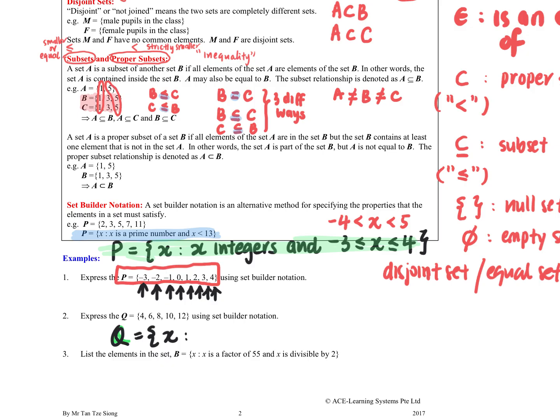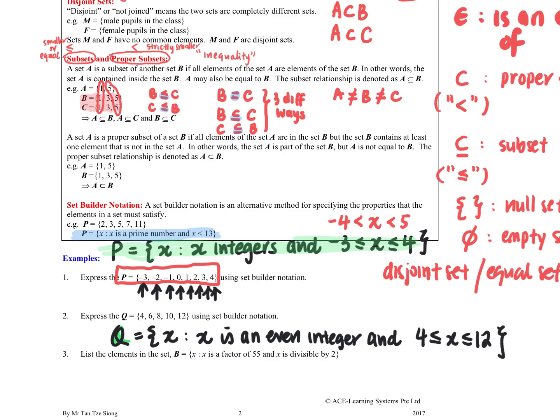Give me a definition. What kind of numbers are those? So X is an even number or even integer. Integer means whole number, right? And it is between 4 and 12 inclusive.